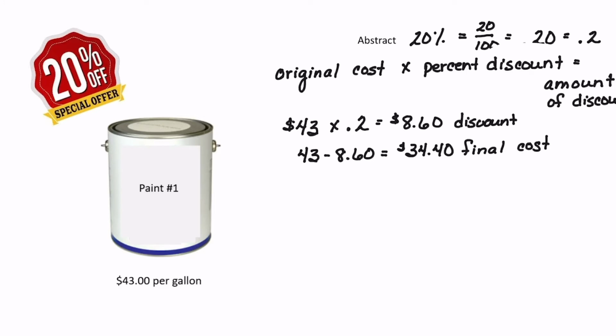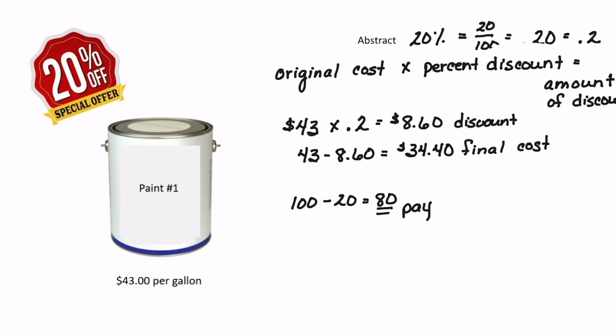Now, there's a strategy number 2. Instead of figuring out the percent discount, you figure out how much you have to pay after the discount. So if I know my whole is 100, I have to pay 100%. And then I'm going to take away 20%. That leaves me with 80% to pay.